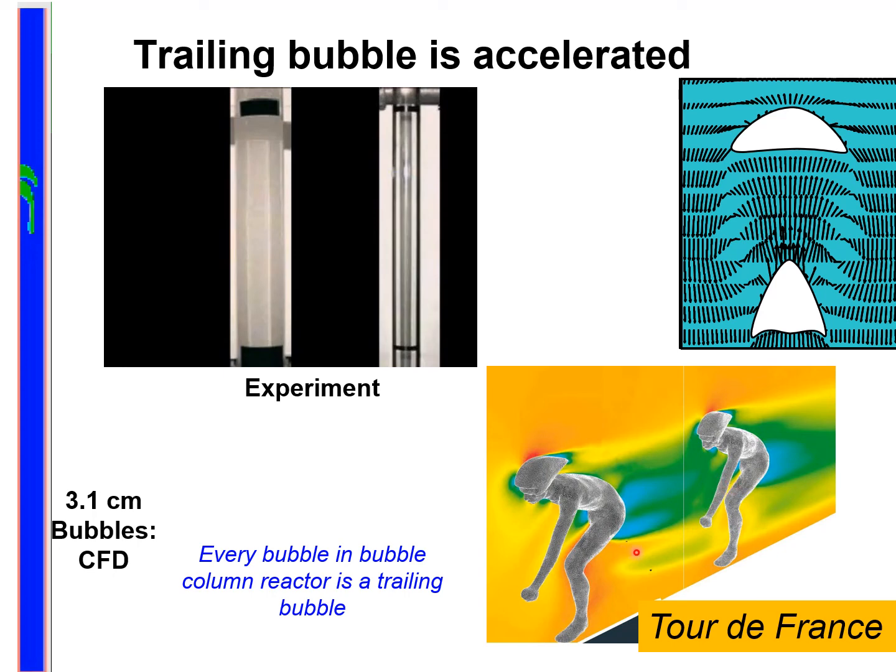Only right near the finish line does the trailing cyclist then attempt to overtake the leading cyclist. This is a very common phenomenon, and the explanation lies in the wake interactions.